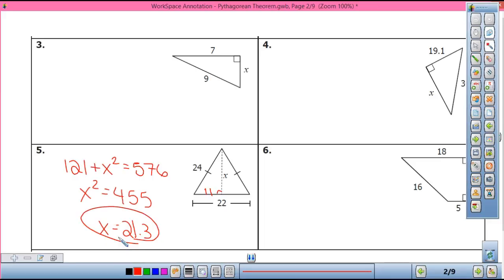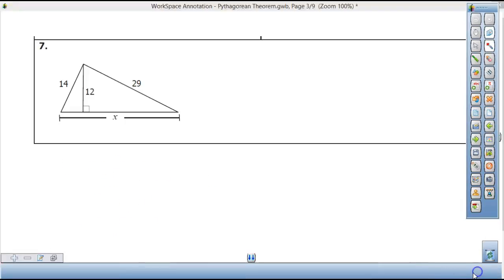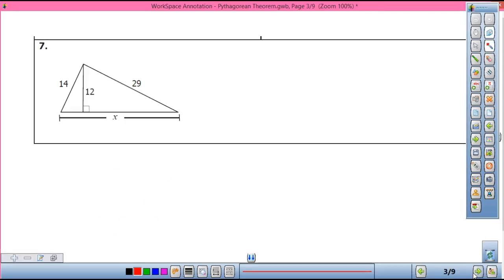Did everybody else get that? Are you sure? All right, this guy. Uh-oh. Where do we even start? Yes, so you're saying the two inside triangles. So you guys are saying find this side? Okay.